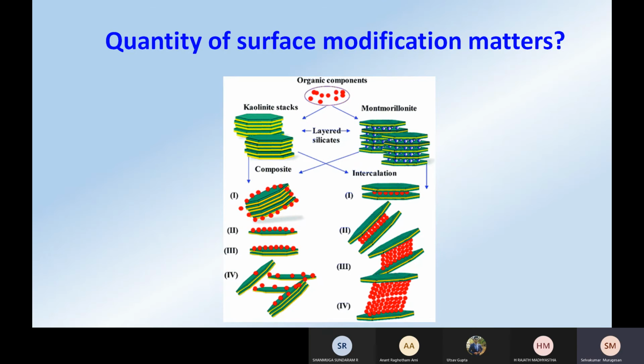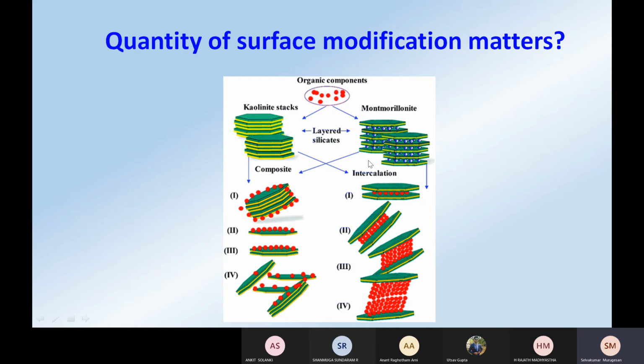So slightly before introducing the matrix, if we can increase that space between the layers to maybe 50 nanometer or 100 nanometer, that will make it easy to introduce polymer chains between the clay layers, right? So that is what surface modification is, and it really matters when it comes to nanoclay.